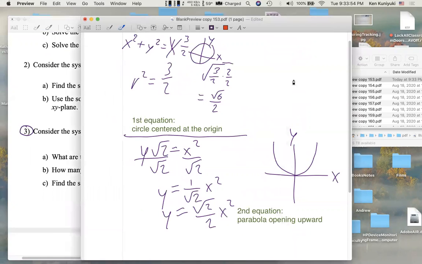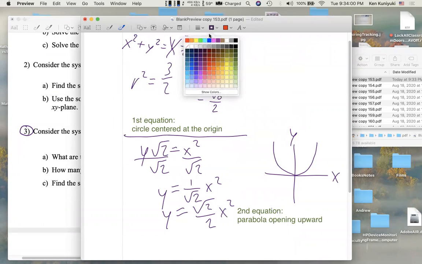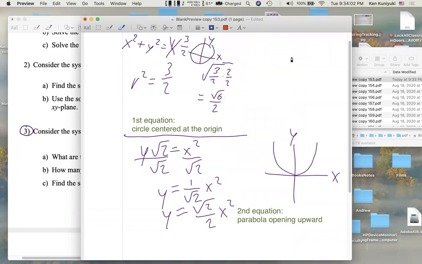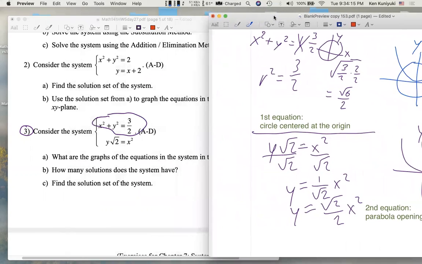Well, here's the idea. We have a circle centered at the origin, and we have a parabola opening upward. How many intersection points are we going to have? How many solutions does the system have?